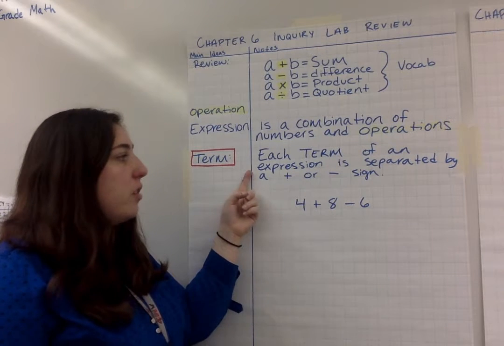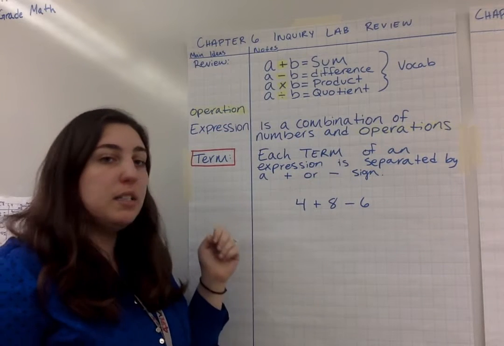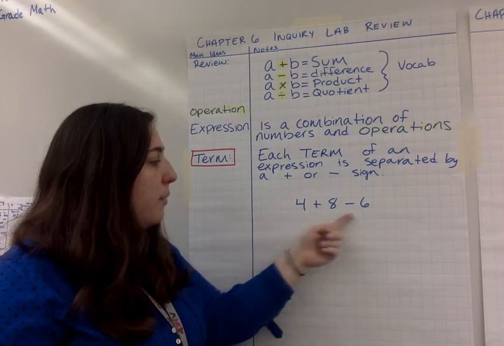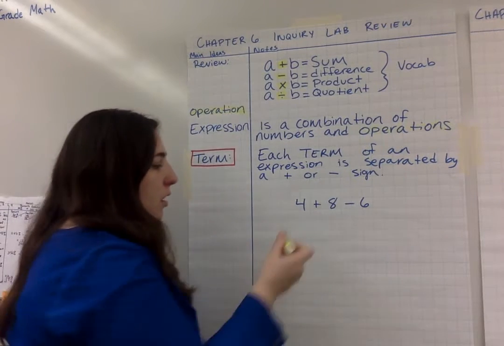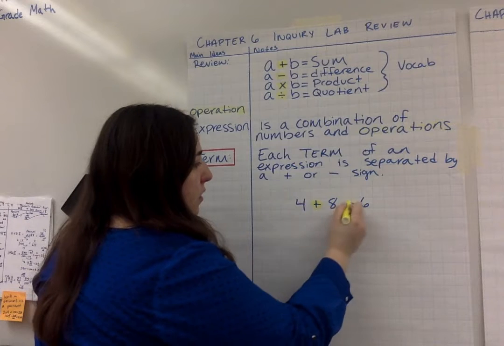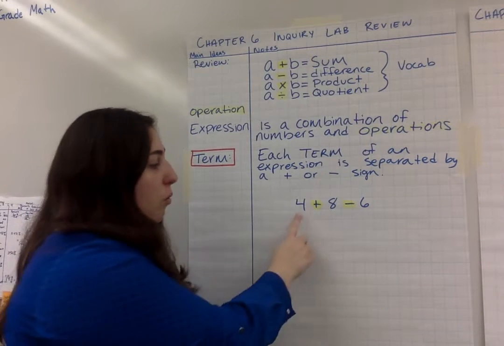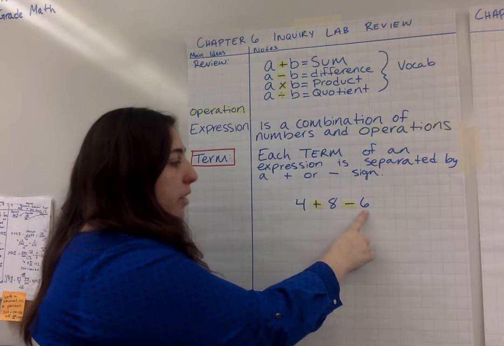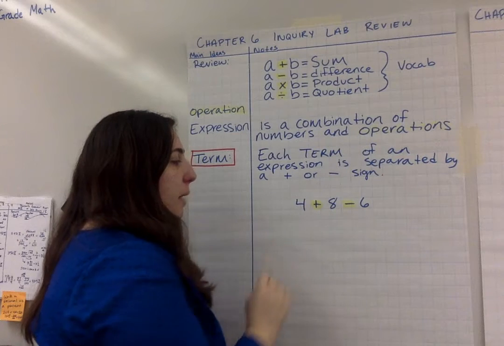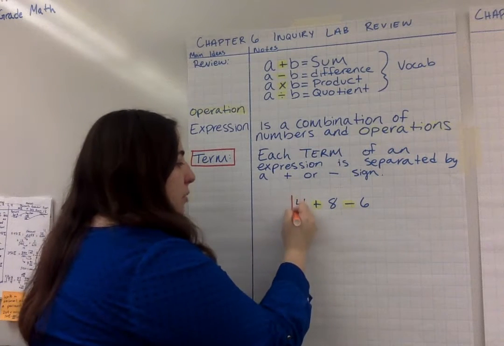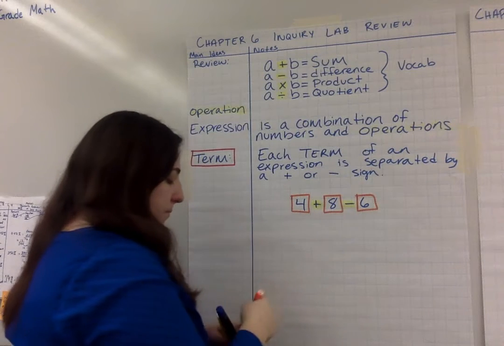Now we're looking for the terms, and our terms are separated by a plus or a minus sign. So we have a plus and a minus sign there. That means we have 1, 2, 3 terms. These numbers are all separated by plus and minus signs, so that means we have 3 terms. 1, 2, 3.